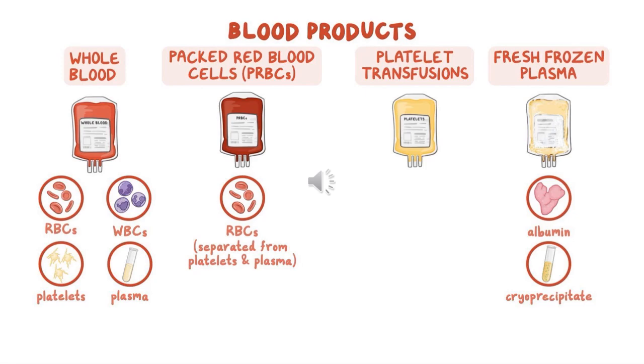The platelet transfusion is exactly what it sounds. It is transfusing just the platelets that have been separated out from that donor unit. The transfusion of plasma is just the plasma that has been separated out.